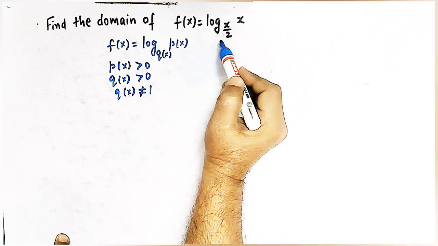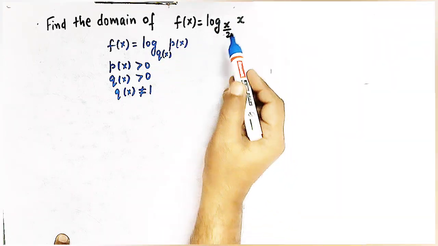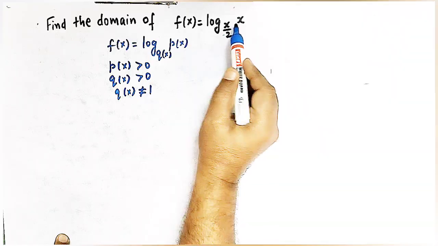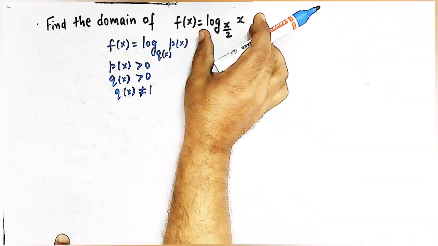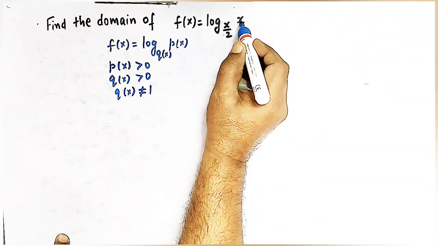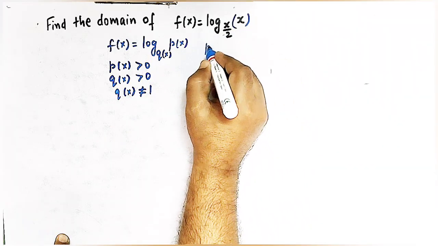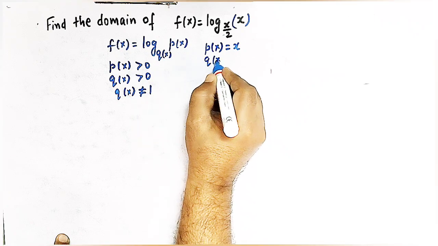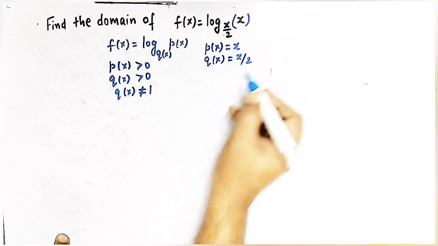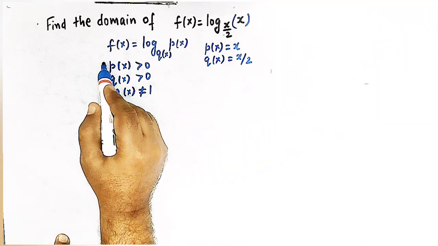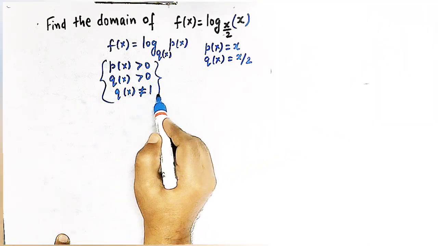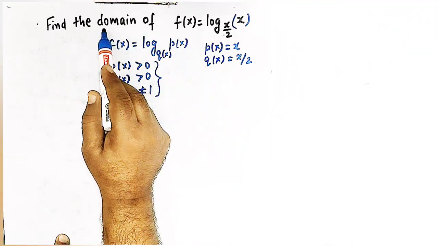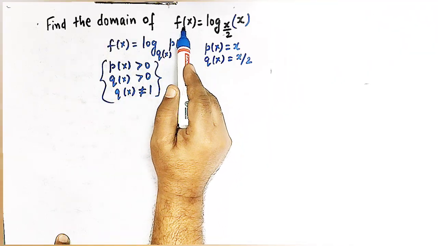Here we have to find all the valid values of x for which this function is defined. If we compare this function with the general one, then we have p of x equal to x, and q of x equal to x over 2. If we apply these conditions, then we can obtain the domain of this function f of x.